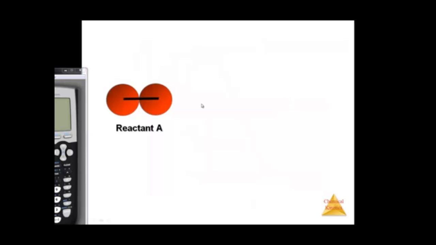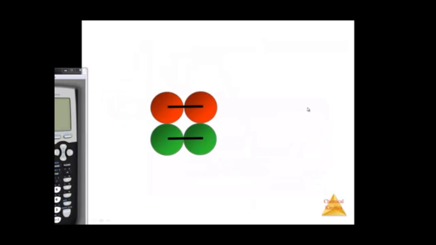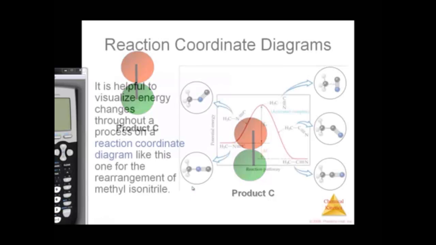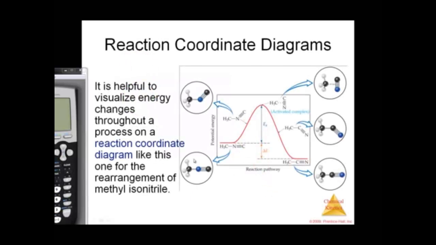So let's say we have a reactant A and a reactant B, and they come together and collide, and as they do that, they start to rearrange what's going on with electrons and sharing, and so we call this the activated complex. Now out of that we end up with two products, both product C. So if you could imagine, here's a more complex reactant.